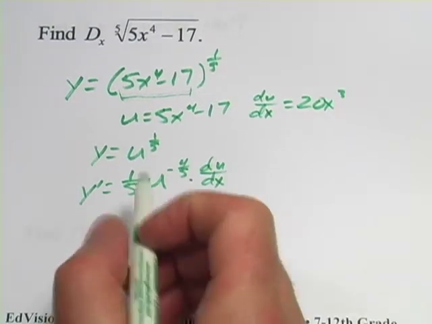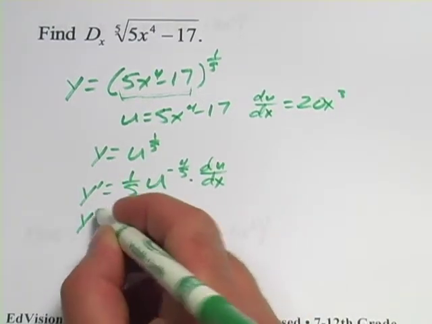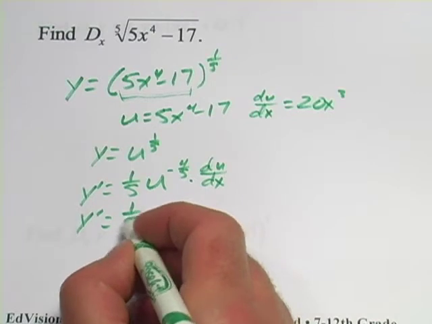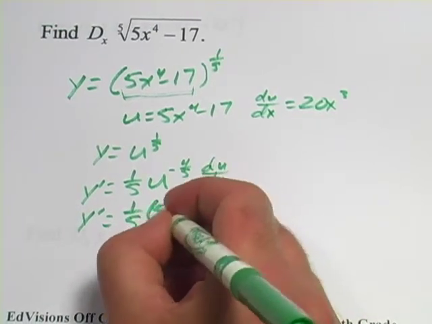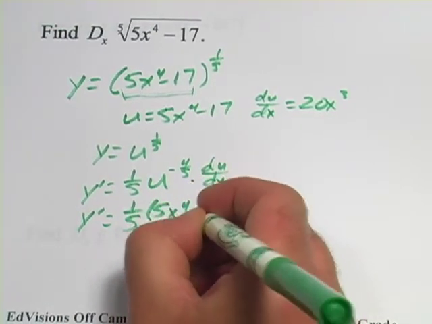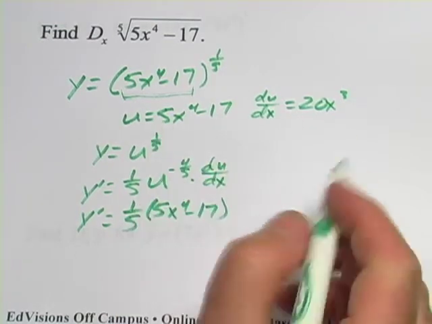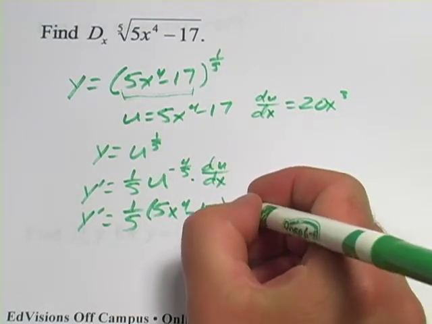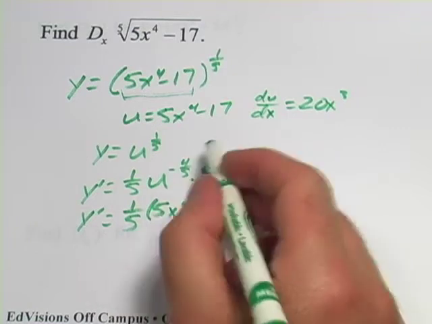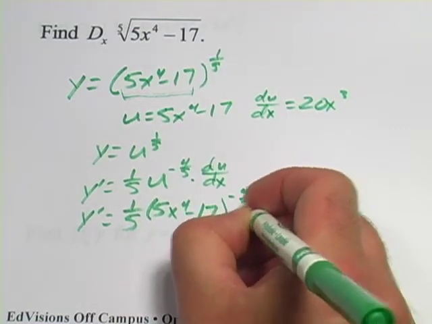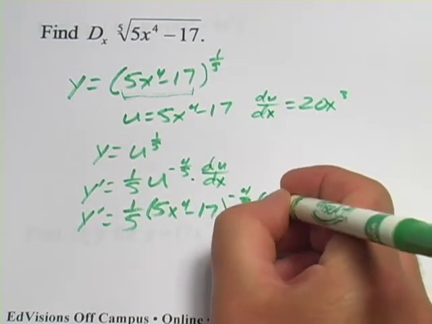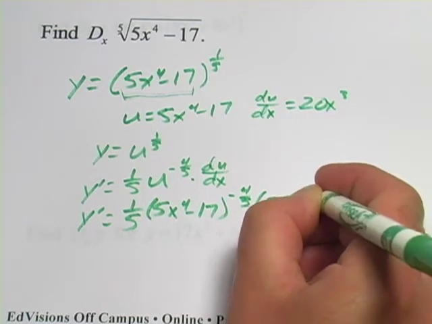Now let's go ahead and substitute our values back in. So y prime equals 1/5 times 5x to the 4th minus 17, that's what we said u was, to the negative 4/5 times du dx, which is 20x to the 3rd.